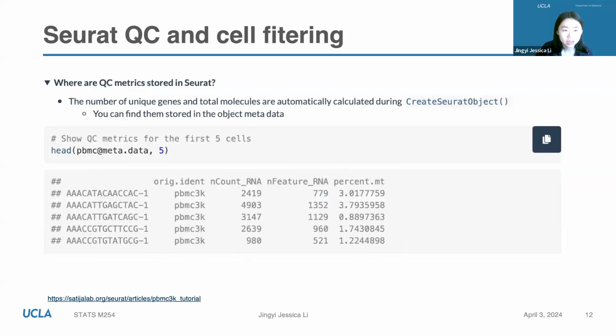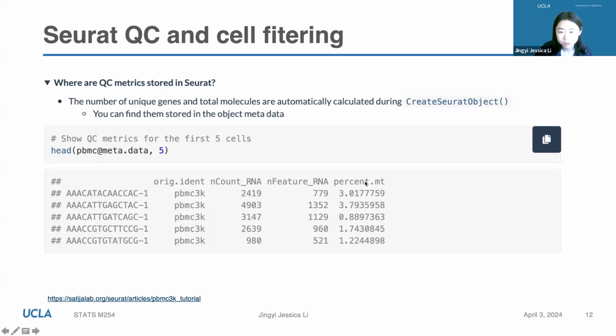Then you can see, when you look at the Seurat metadata, that Seurat as an R object has a nice structure. It has this metadata to store the output for the 3 features used for cell filtering. The total count is called nCount, the number of detected genes is called nFeature, because Seurat regards every gene as a feature.